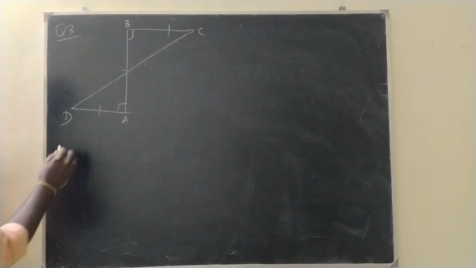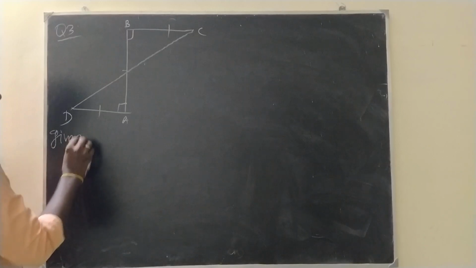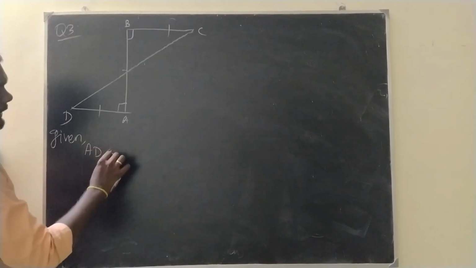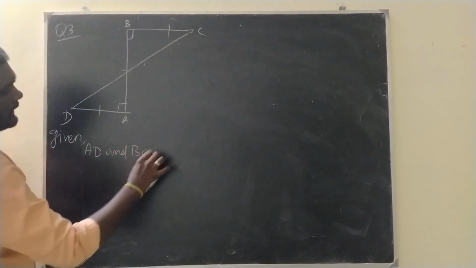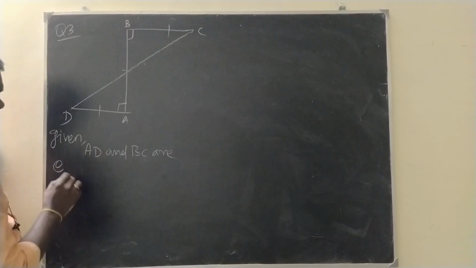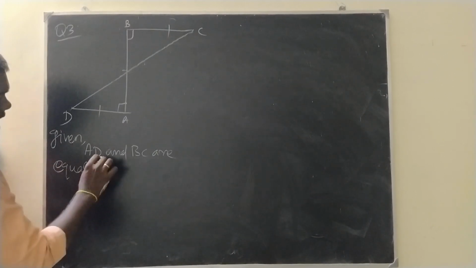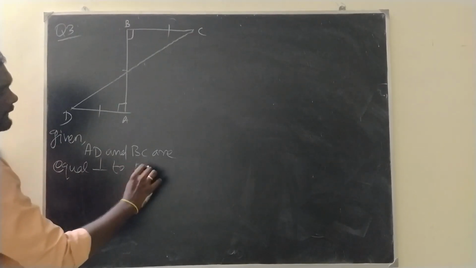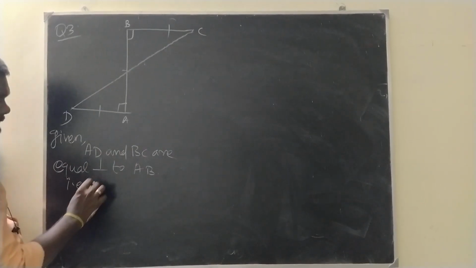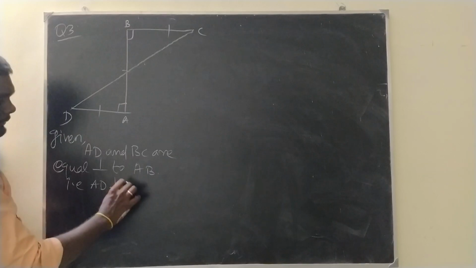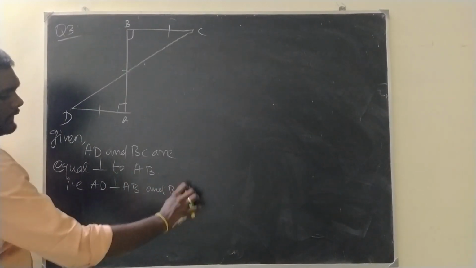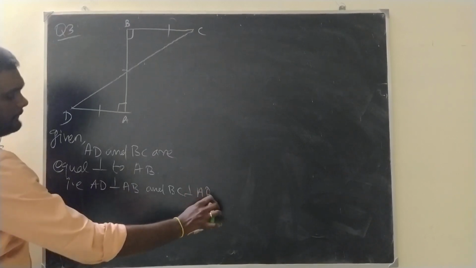First we have to write what the given details are. AD and BC are equal perpendiculars to line segment AB. That is, AD is perpendicular to AB and BC is perpendicular to AB.